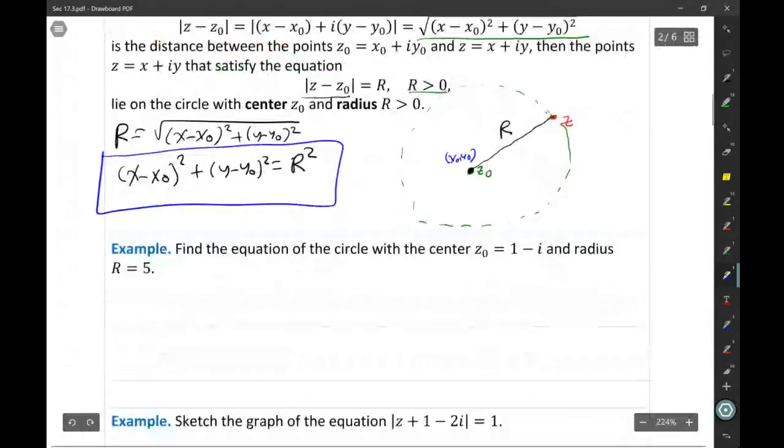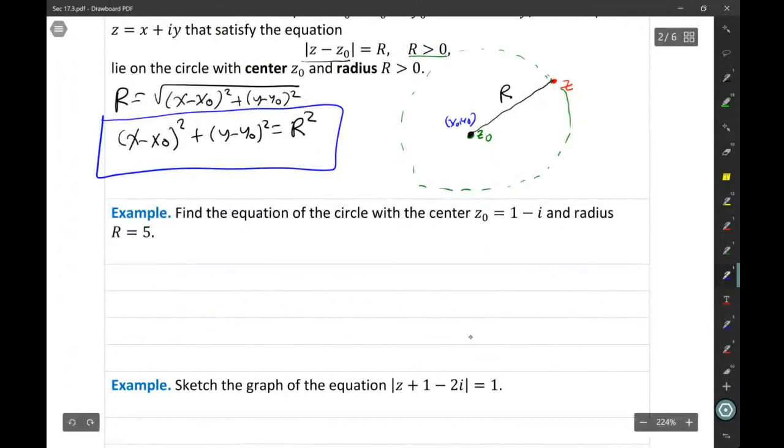Now let us see some examples. It says find the equation of a circle with center z naught equal 1 minus i and radius r equal 5. How can we do this? We need to write down the equation of this circle.